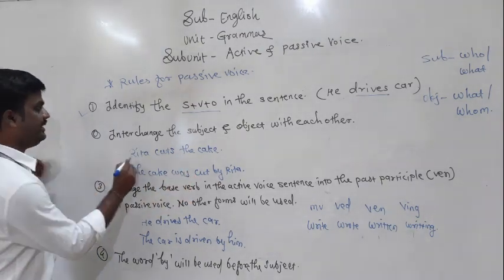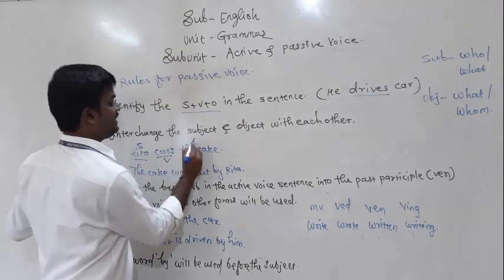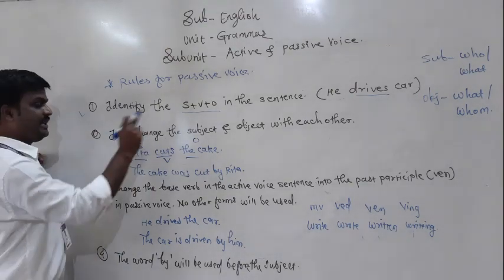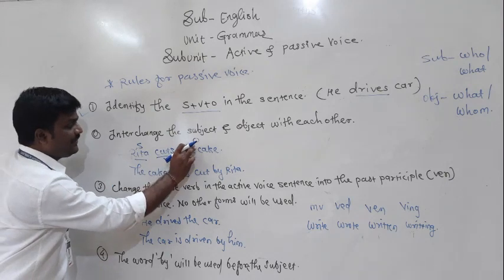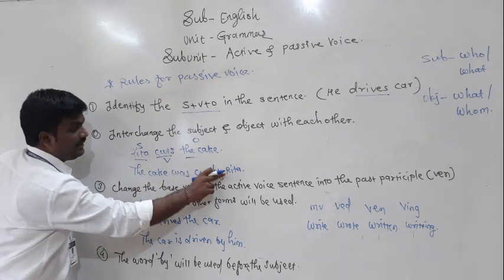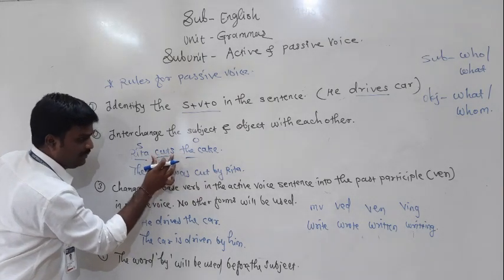Here Rita is the subject, cuts is the verb, and the cake is the object. So object becomes subject and subject becomes object. We have to change the places of these. The object is here the cake, and the subject is here Rita. How to convert it? It also has some rules.